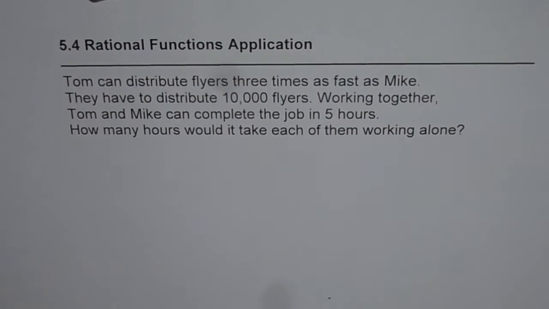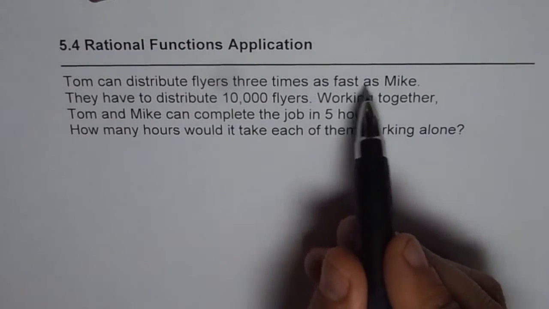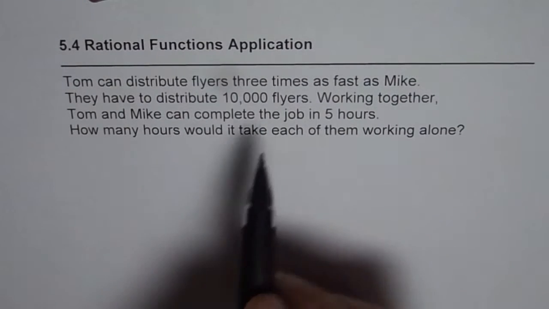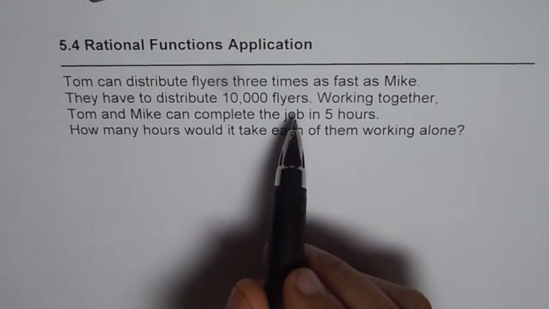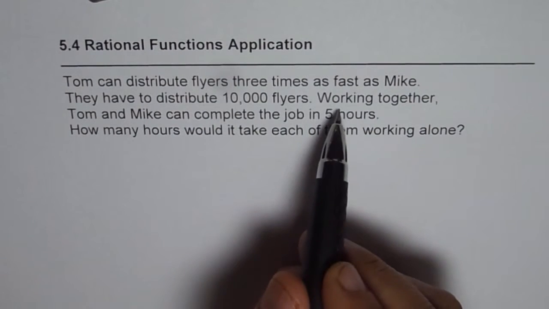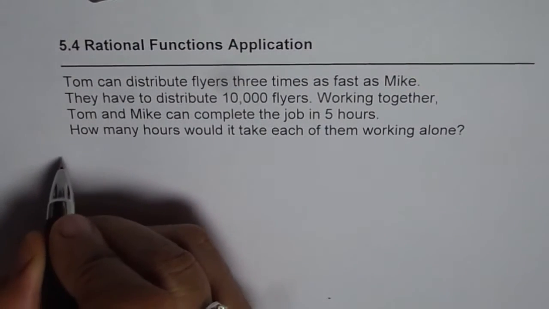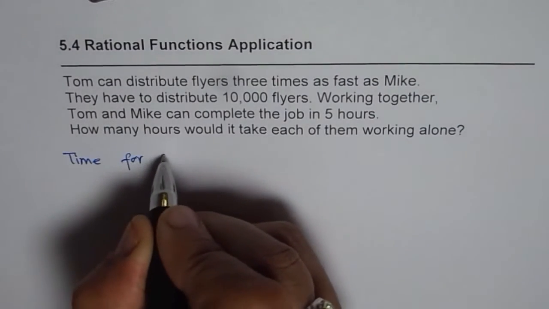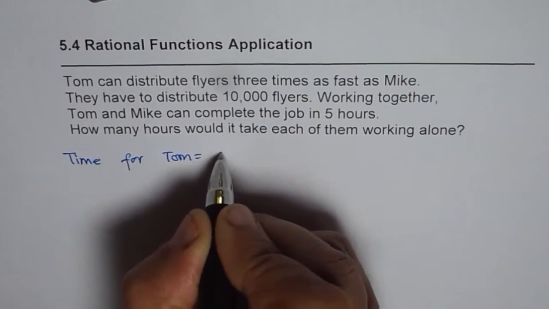Now in this case, we know that Tom can distribute flyers 3 times as fast. That means if Tom takes x hours to distribute, then Mike will take 3x hours. So let's say time for Tom is, let us say, x.